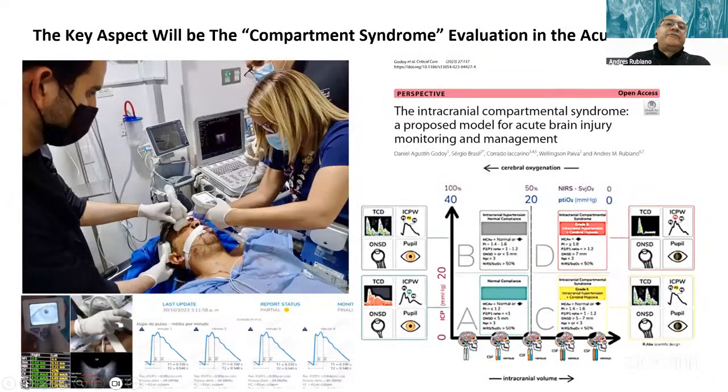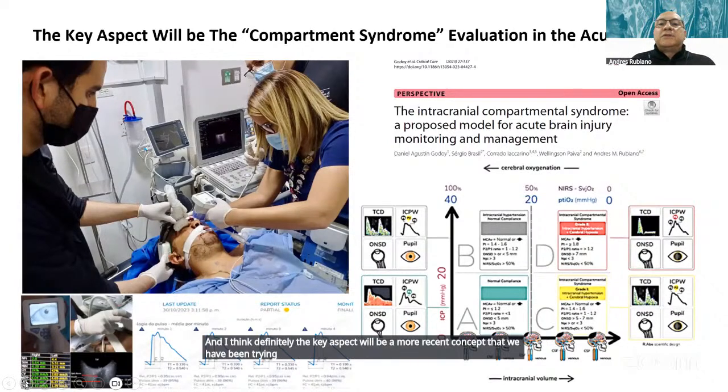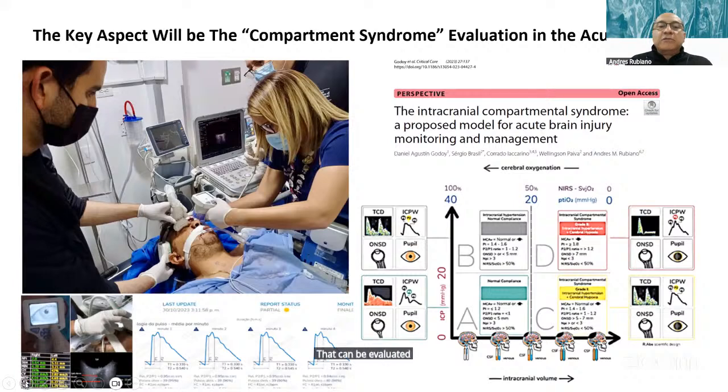And I think definitely the key aspect will be a more recent concept that we have been trying to promote, that is called the intracranial compartment syndrome, that can be evaluated even in the acute setting.